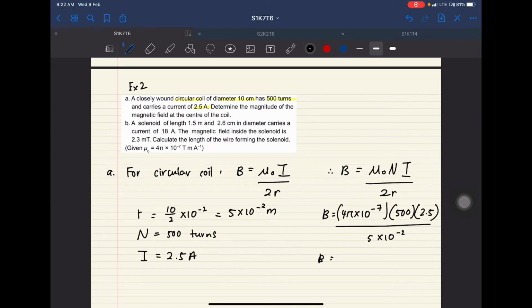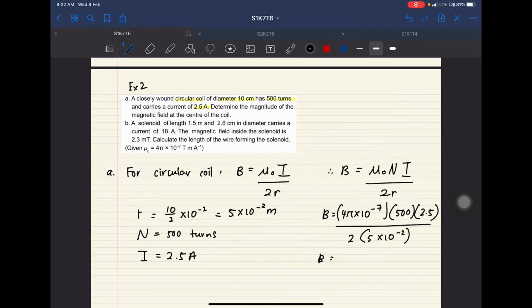You press the calculator. You try to press it yourself, because sometimes students don't know how to calculate 4 pi times 10 negative 7 too. Okay, I forgot to put the 2 here. So the formula got 2.